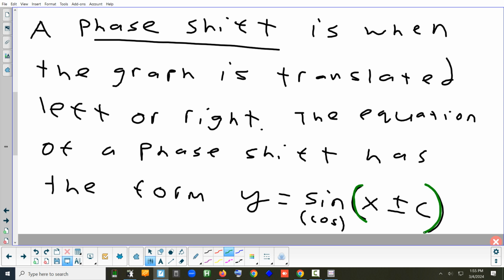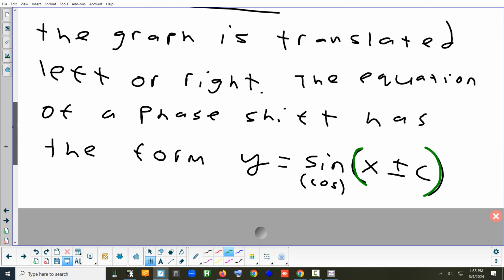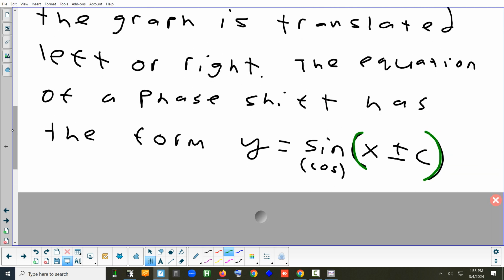C is what we're going to shift by. Now, technically, you can shift by any amount you want: 10 degrees, 12.5 degrees, 14.6 degrees. But those aren't common amounts. There's 3 common amounts that we usually shift by.